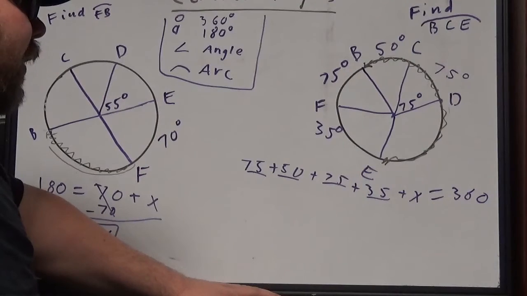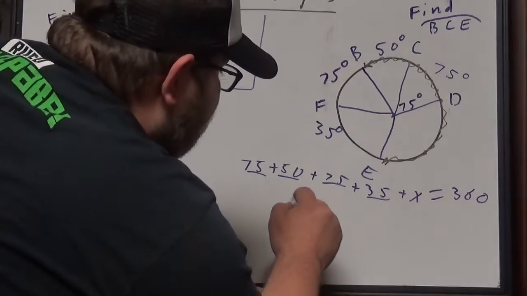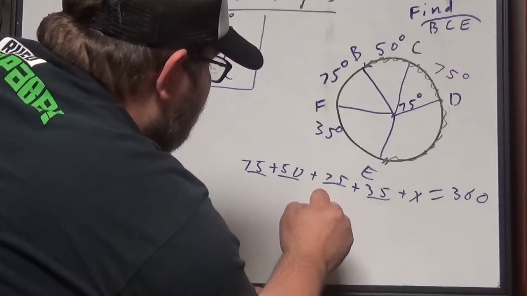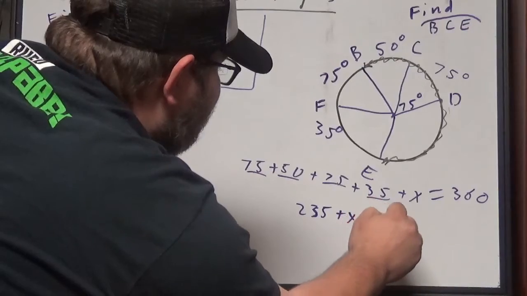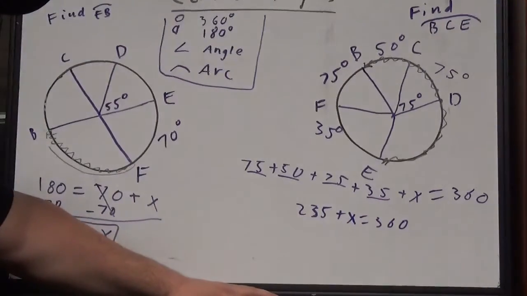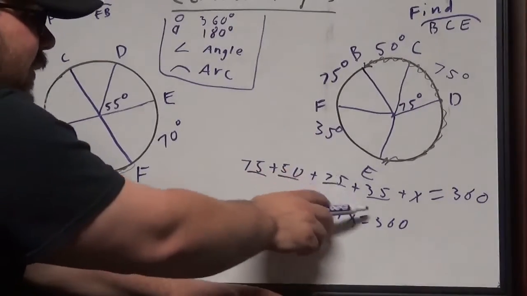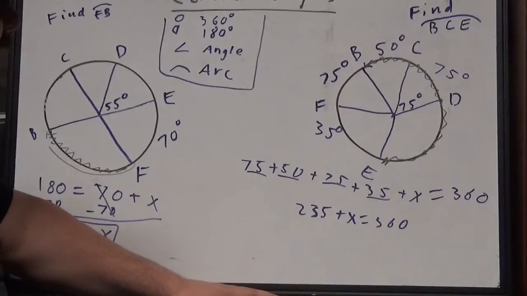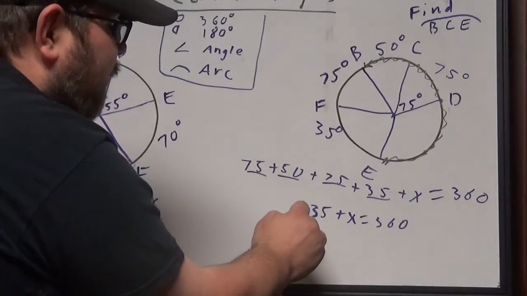And what we're going to wind up with is what? 235. 235 plus X equals 360. Now, in your calculator, you can do 75 plus 50 plus 75 plus 35, get 235, plus X. Now it's a one-step equation.